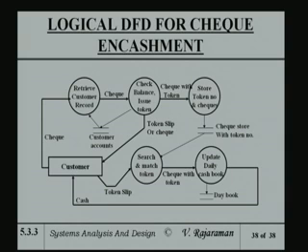So in the computerized bank, the customer presents the check, so it retrieves the customer record from the customer account, and then the balance is checked and a token is issued.